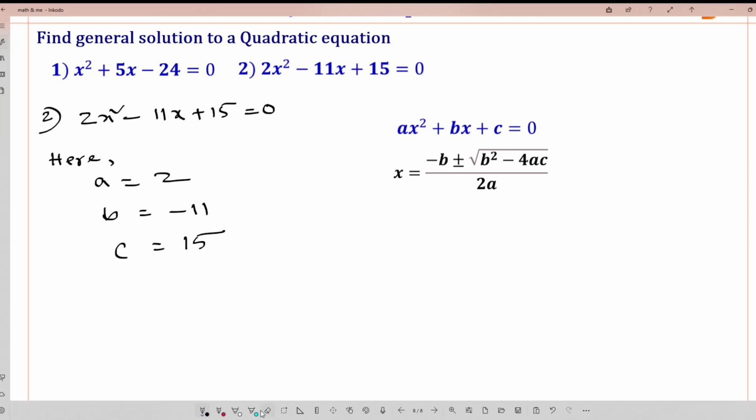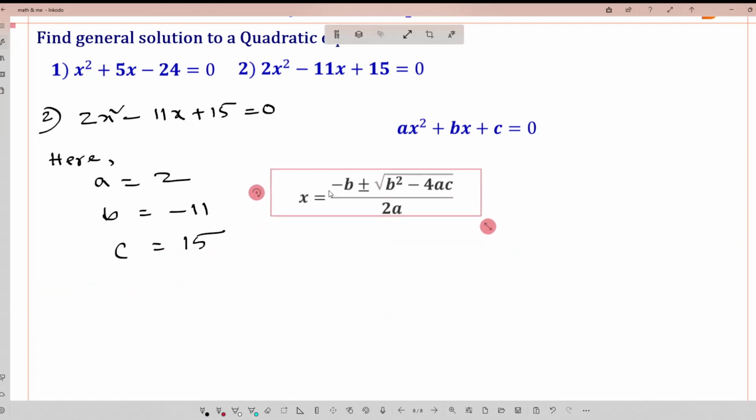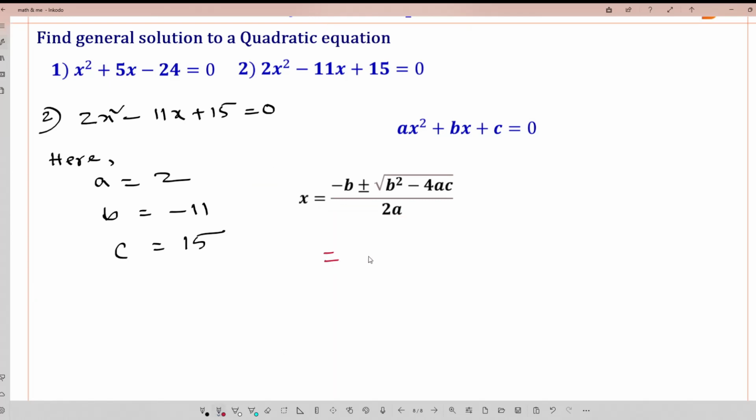Now we can put the values here. Minus b. Minus b means minus 11, plus or minus the root of b squared, it means minus 11 squared.